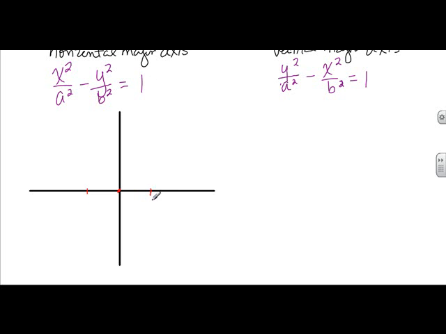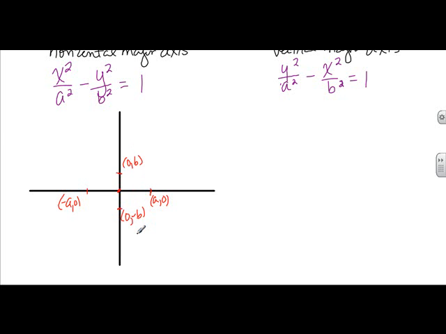So this has the point a, 0. This point has the coordinates negative a, 0. Then looking at the value of b, since that's under y, that tells us how far up and down to count from the center. So the ordered pair for this point is 0, b, and 0, negative b.